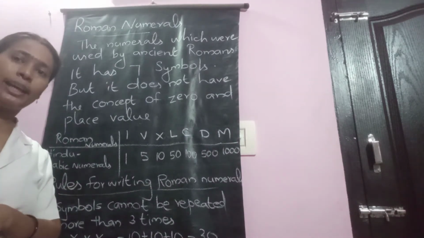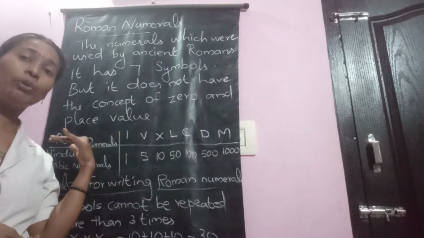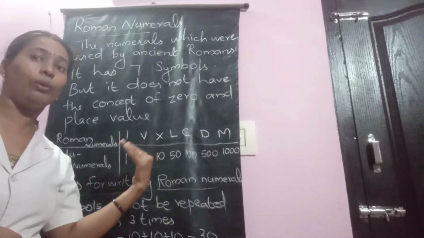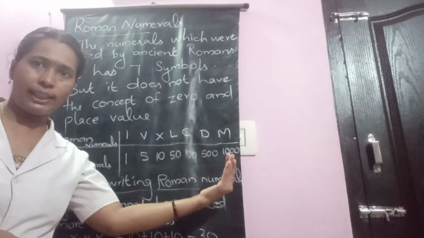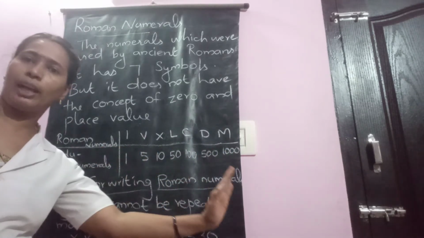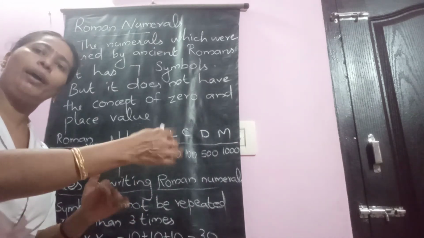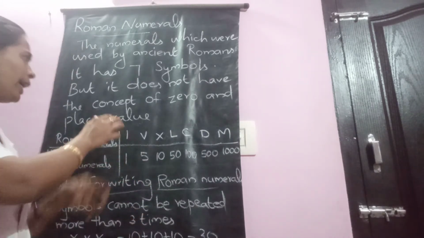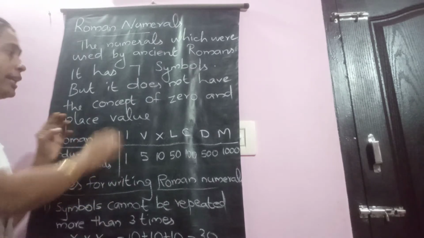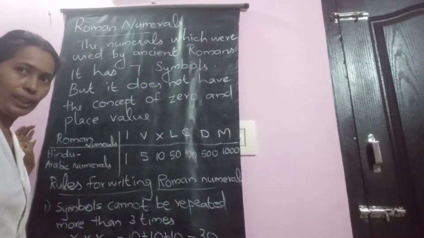Because we have studied in the Hindu-Arabic numeral system how to read and how to write according to place values, isn't it? But here it is not possible to read in a particular manner. We have to read by symbol. That's why it has 2 drawbacks: it does not have the concept of 0 and place value.